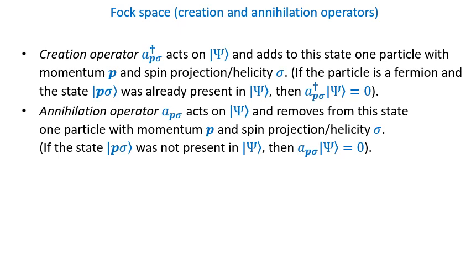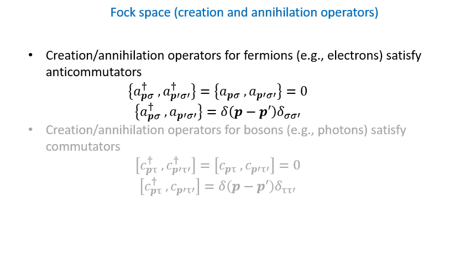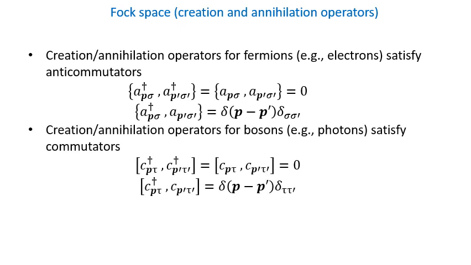Annihilation operators remove a particle from the system if such a particle state was present there. Otherwise, the result is zero. In calculations, it's very convenient to use anti-commutators of fermion creation annihilation operators and commutators of boson operators.